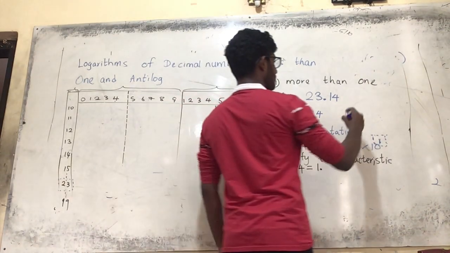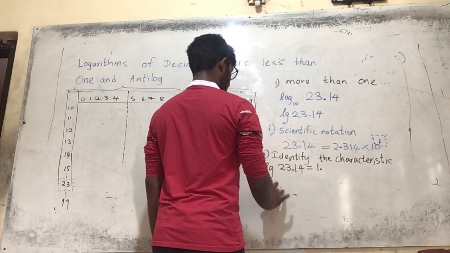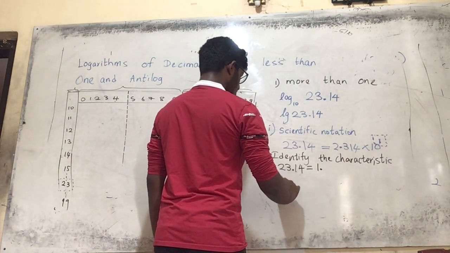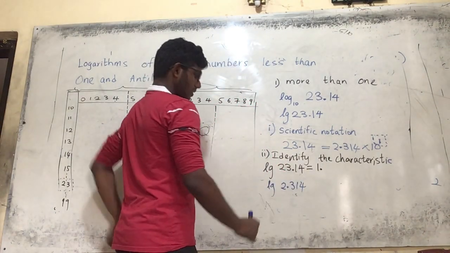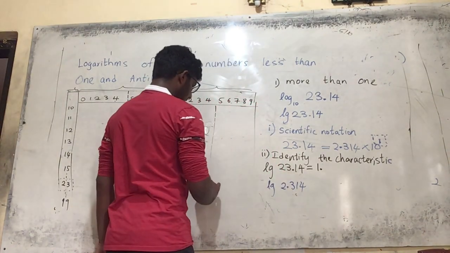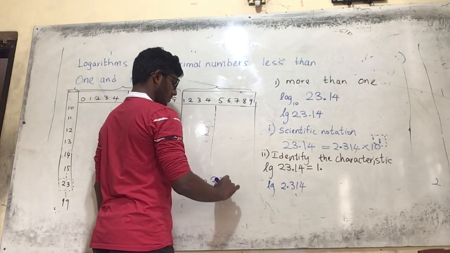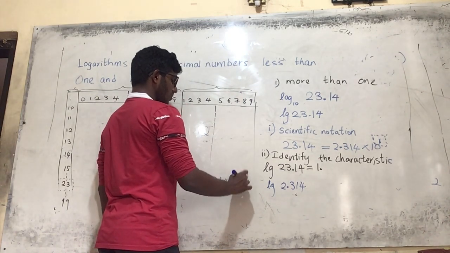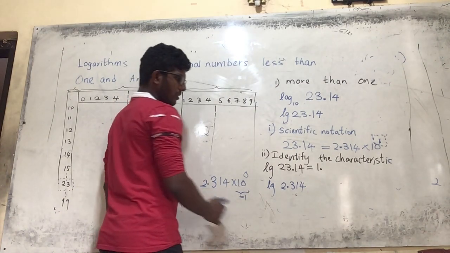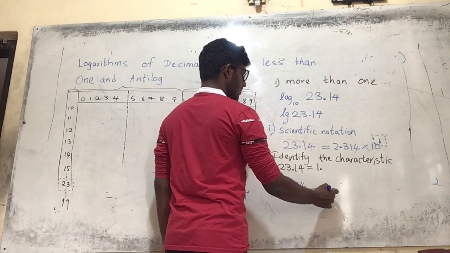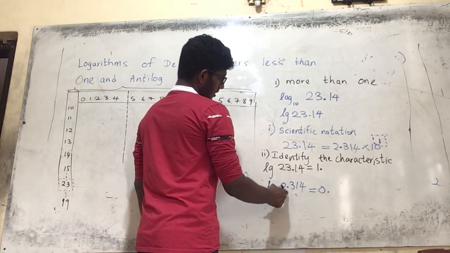For example, if you had to get log 2.314, then in scientific notation you will get 2.314 into 10 to the power 0, right? 10 to the power 0 is just 1. So you will get 0 here. After that you have to think about the numbers.